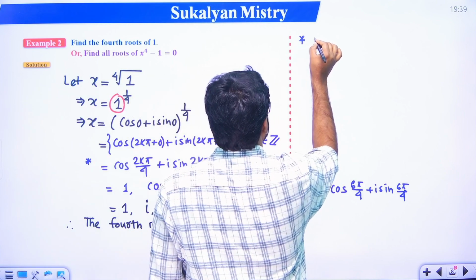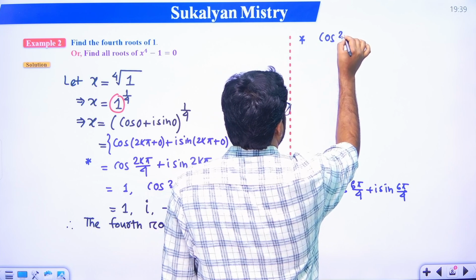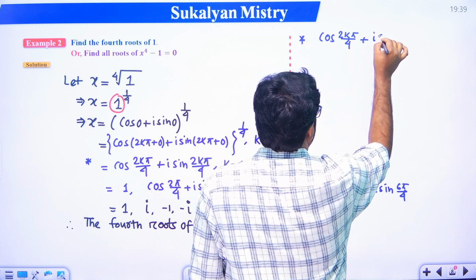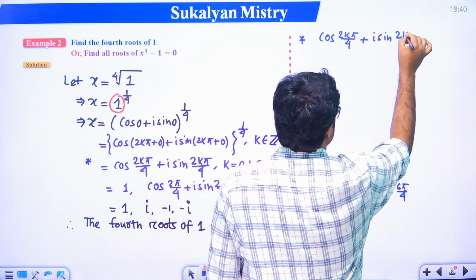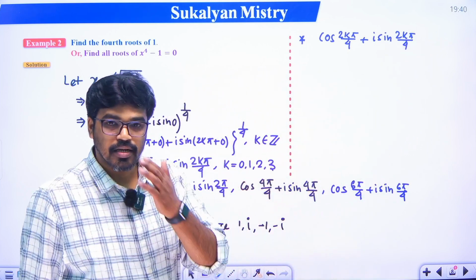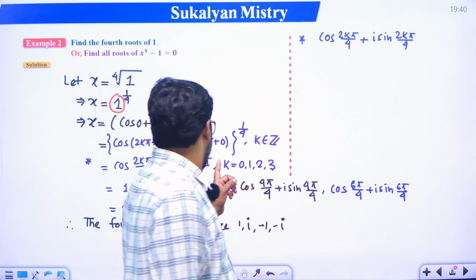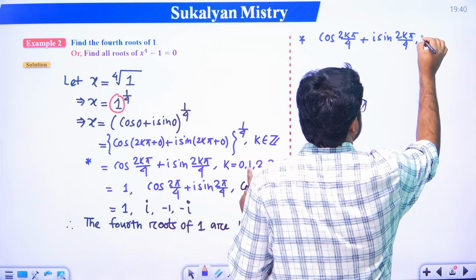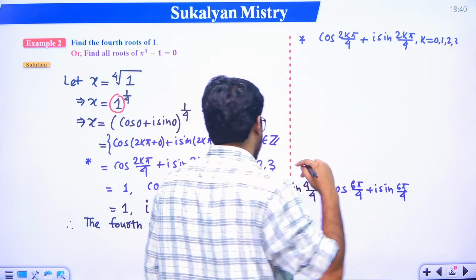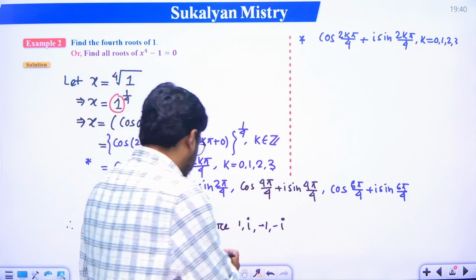This is cos 2k pi by 4 plus i sin 2k pi by 4. What is k? k is an integer. So k is basically 0, 1, 2, 3.